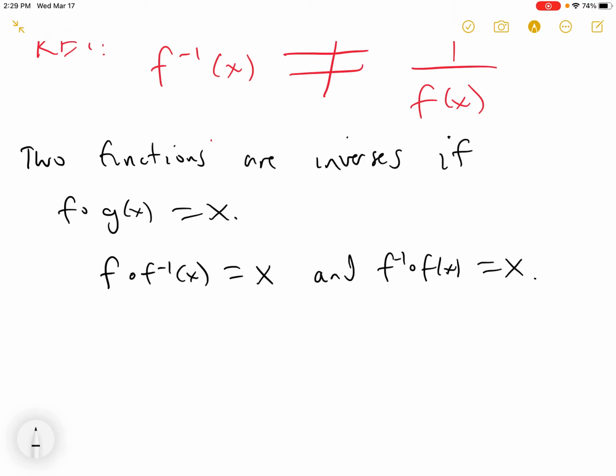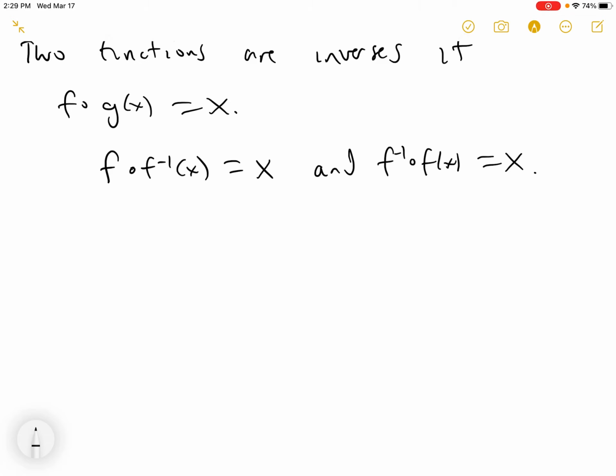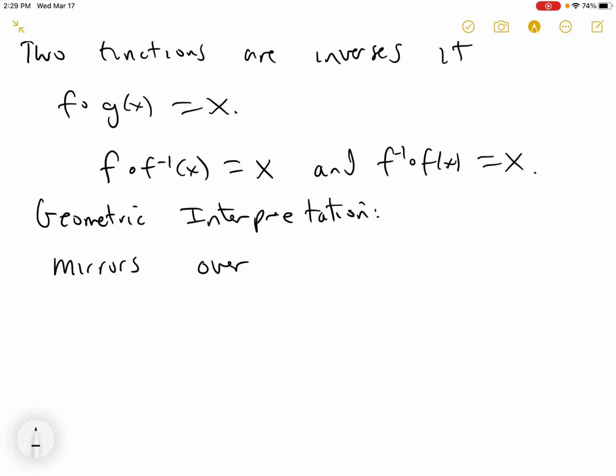And so this has a geometric interpretation. The functions are mirrors over the line y equals x.